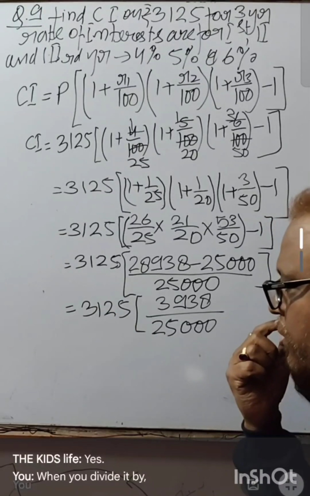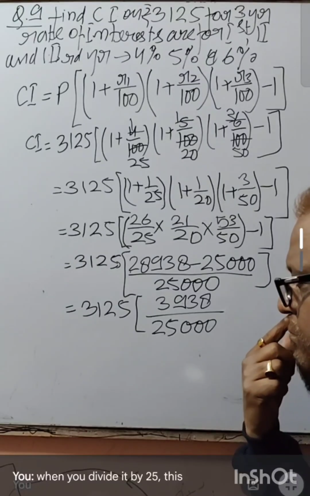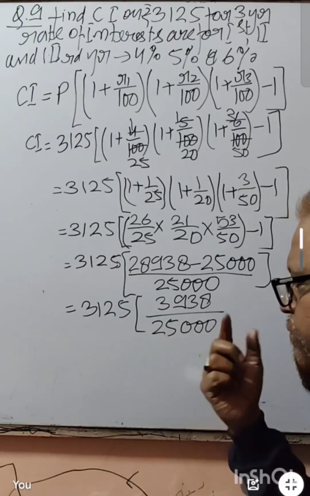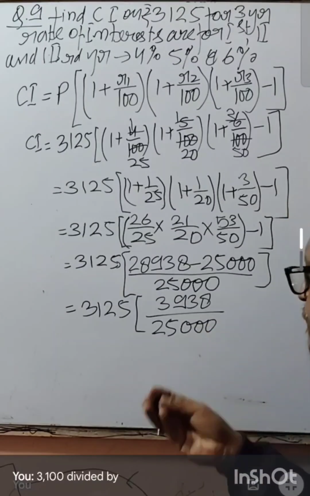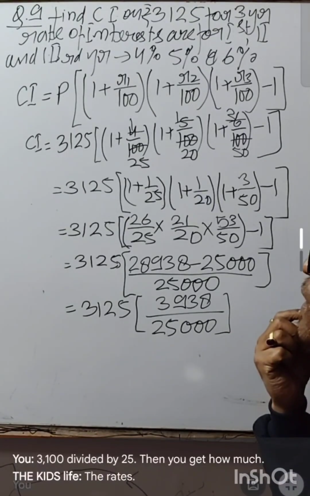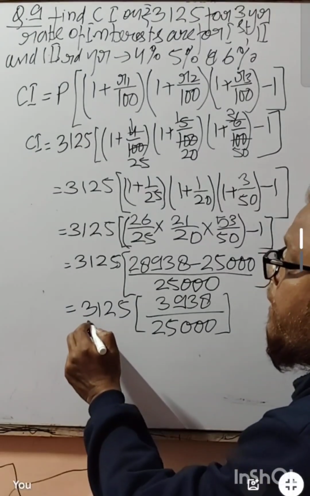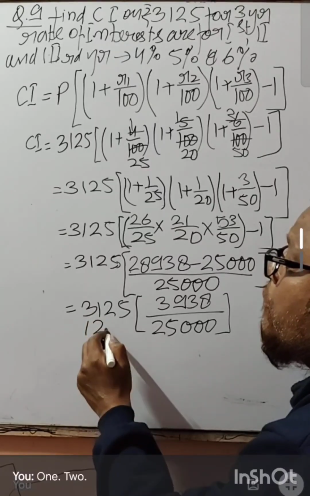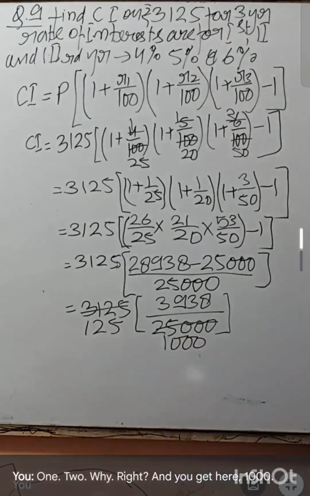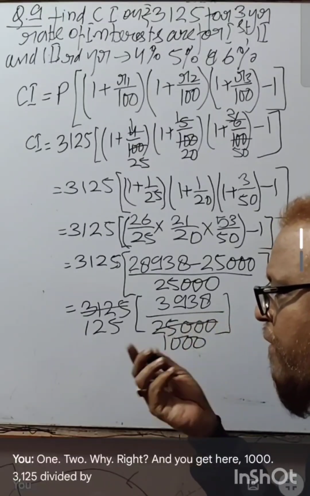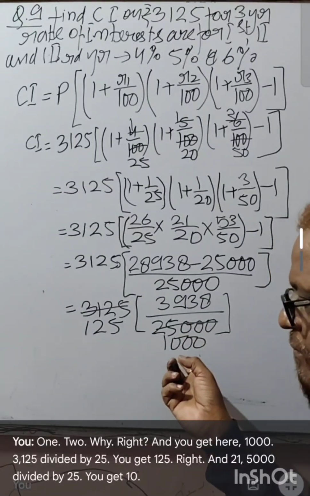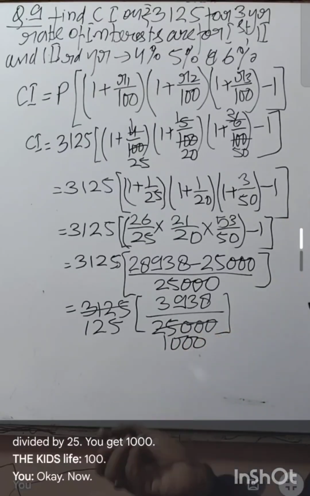When you divide by 25, 3,125 divided by 25 gives 125, and 25,000 divided by 25 gives 1,000.